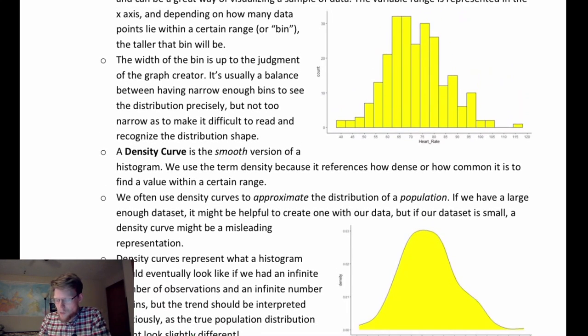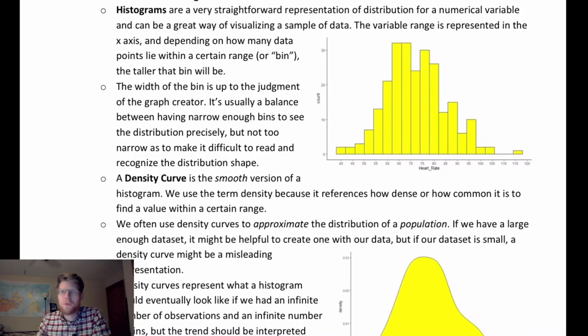One other thing I'll mention about histograms is choosing a bin size. When we get to using R, we'll talk a little bit about creating histograms, and you can choose how many bins you would like to use, and usually the default in R would be 30. But a lot of times it's better to actually go with fewer bins. So I think here this is probably around 20 to 25. There's not really a correct answer for how many bins you want and how wide these bins should be.